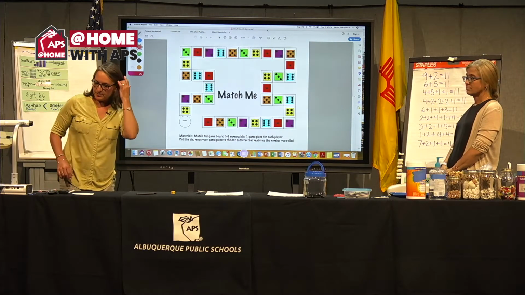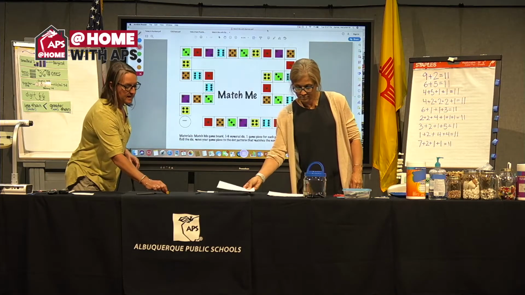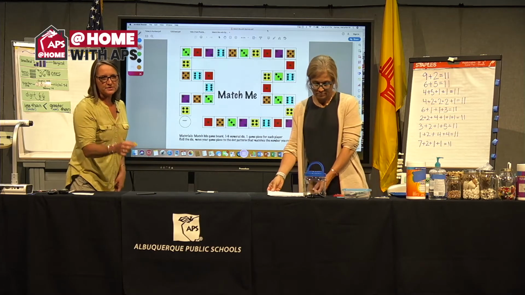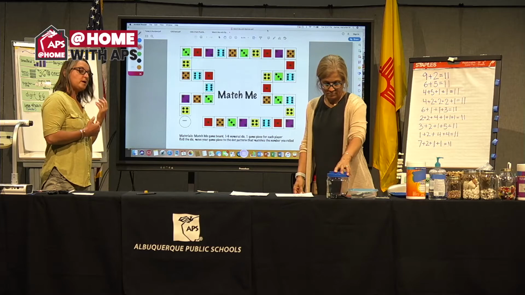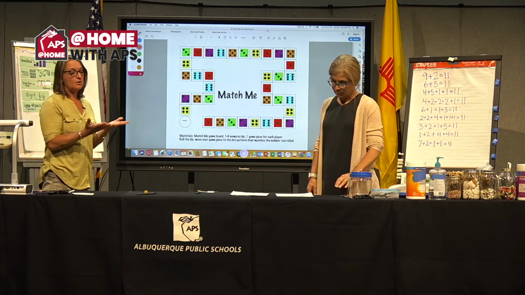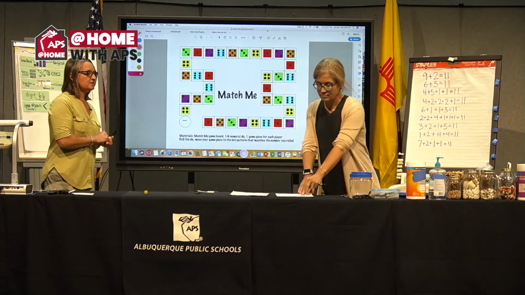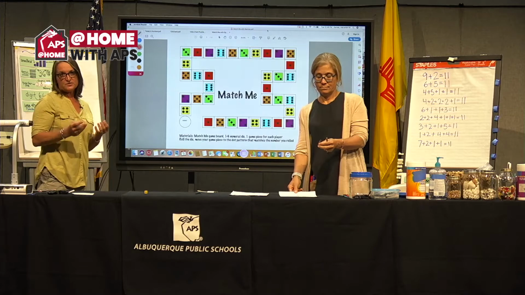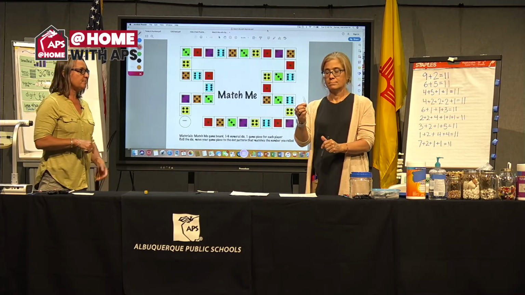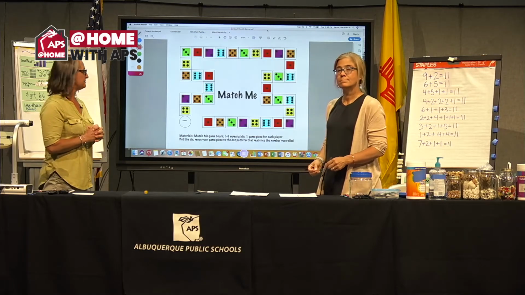So to play this game, you need a special die with 1 through 6, or it could even just have the dots for 1 through 6. Or if you don't have that at home, you can always use a spinner, and we have a spinner here to use today, so we can show you how to spin. You can print one out from our resources or just draw one on a piece of paper. That works great. Get a pen or a pencil and a paper clip, and you're ready to spin.